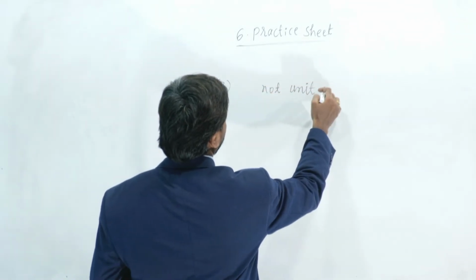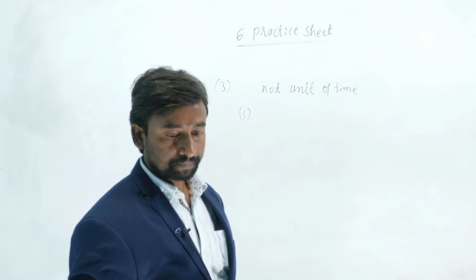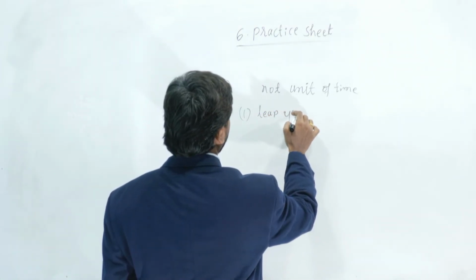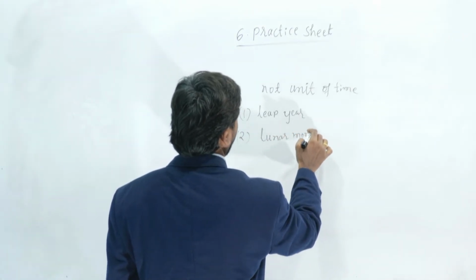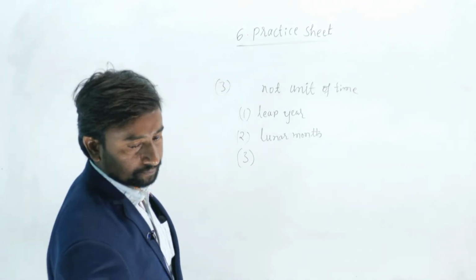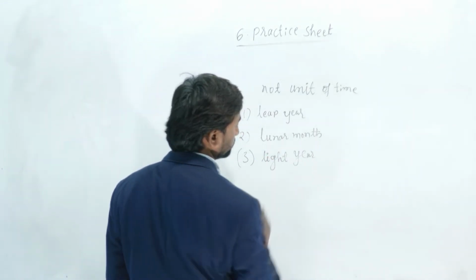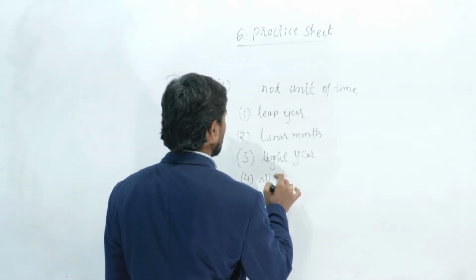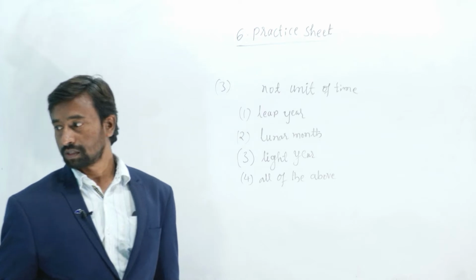So from the following options, the first one is given here, leap year, the second one is lunar month, the third one is light year, and the fourth one is all of the above.